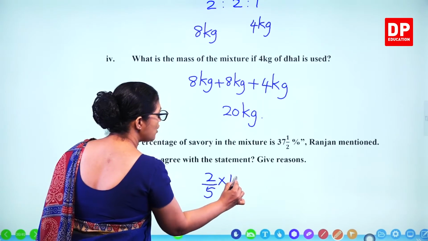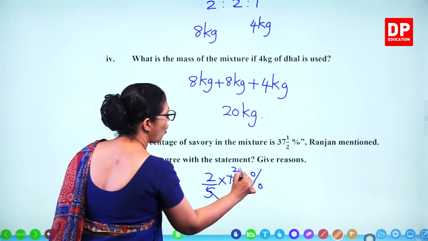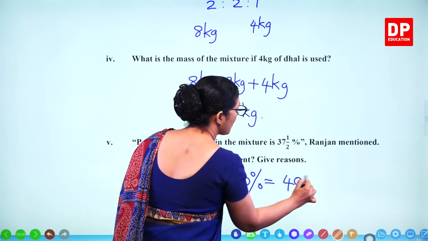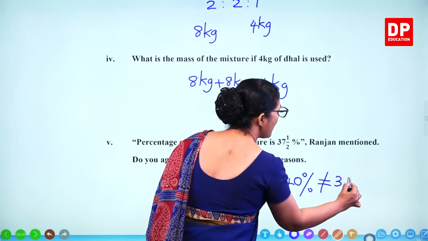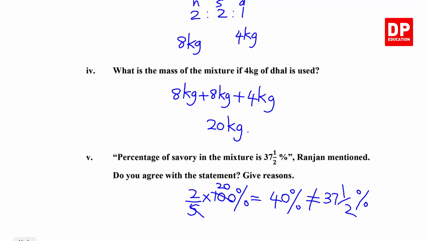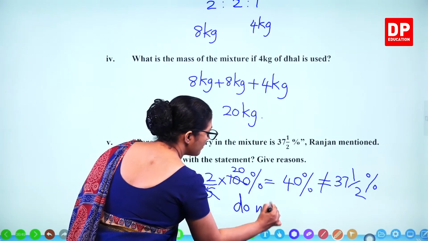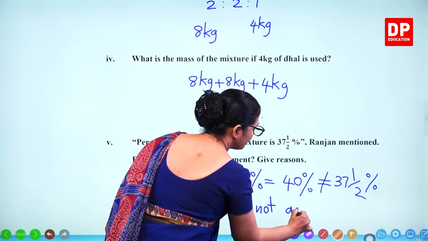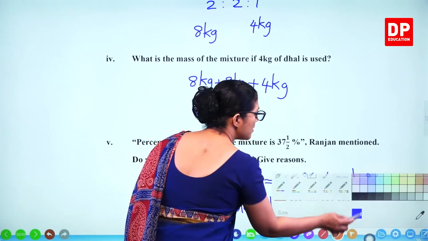As a percentage, multiplied by 100, you get 40%. But Ranjan mentioned 37.5, that's not equal to 40. Do you agree? Do not agree with the statement.